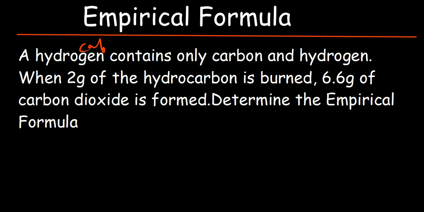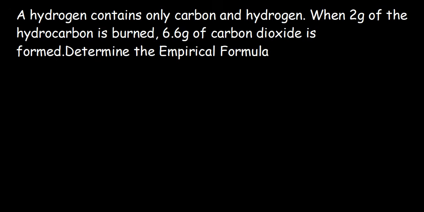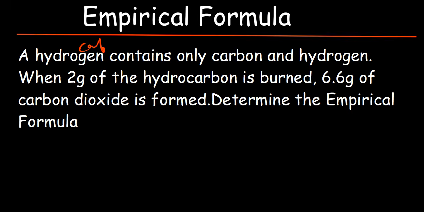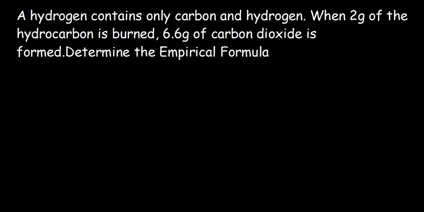Okay, so now let's solve this question. We've been given those figures. The way we find the empirical formula is, number one, this is the same question. I think I'm going to solve it from here because there's space. Number 1, we're supposed to find the moles of carbon dioxide.